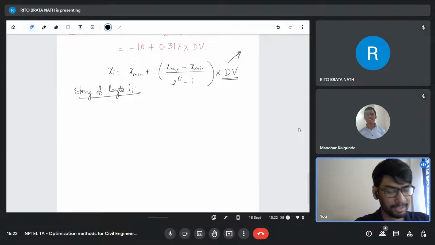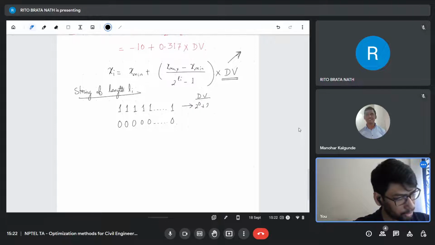Suppose the maximum it can have is all ones, so there are li number of ones here. And the minimum this can take is all zeros. So what you will get in case of this, the decoded value will be 2 to the power 0 plus 2 to the power 1 and so on. The string length is li, that means this final bit will have a position li minus 1.